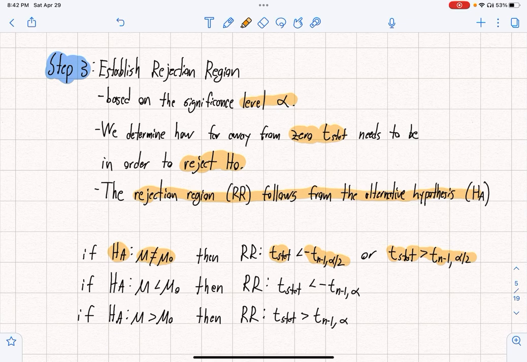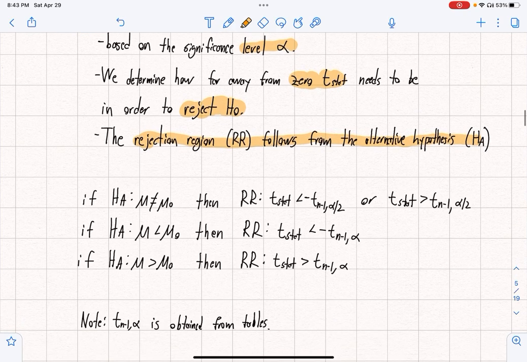Notice that we're using alpha over 2 because with a two-sided test we're interested in mean greater than mu naught or mu less than mu naught, so we could be wrong in either direction. Therefore, we need to create two different ranges for the rejection region.